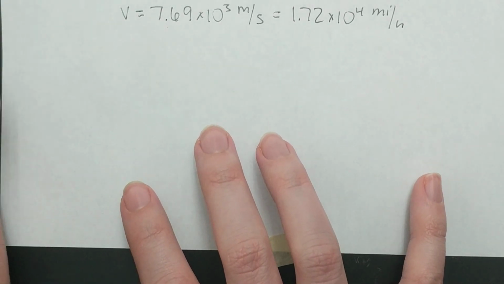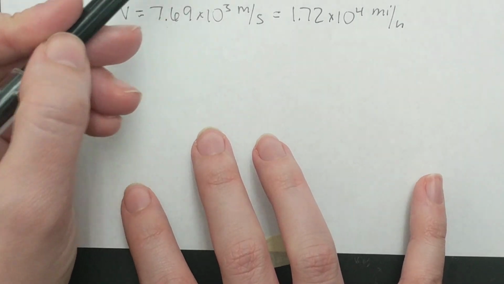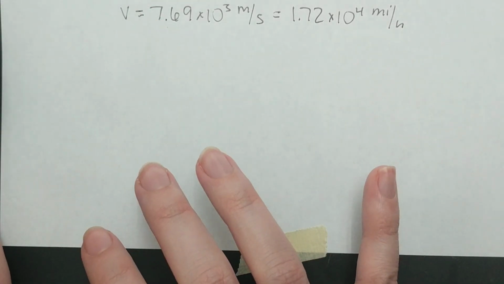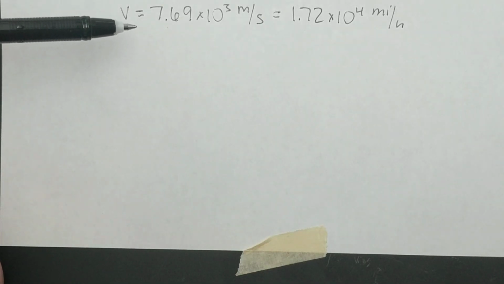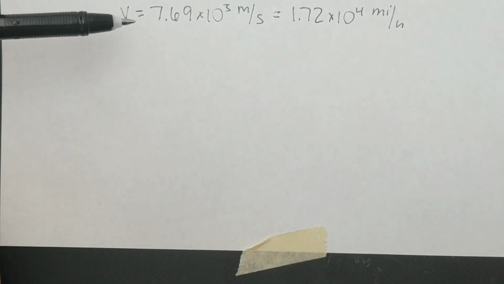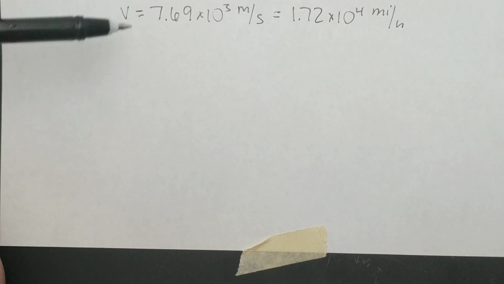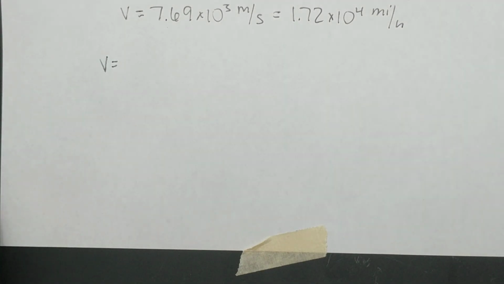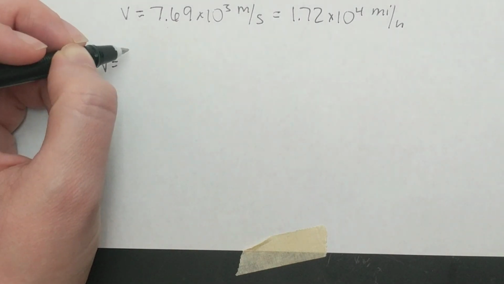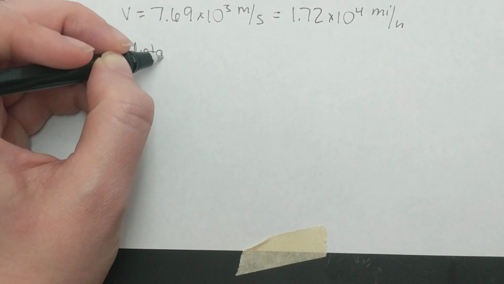Looking at this, we're solving for time. We know the speed, and we know the definition of speed: distance over time.